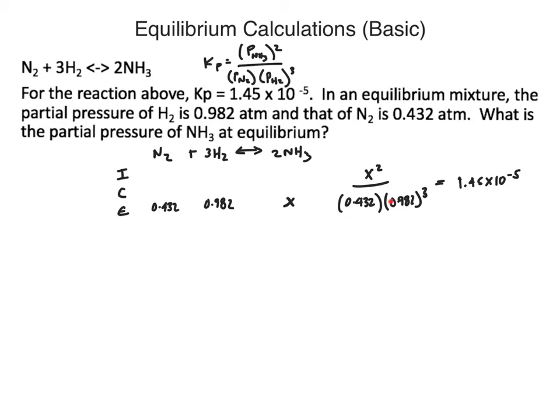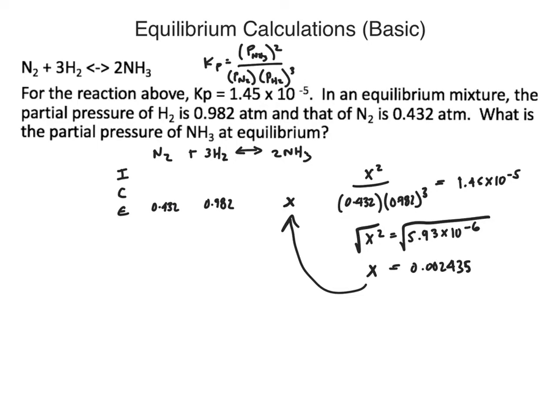Cross multiply up, and now that we have x squared, we take the square root of both sides, and our x value is going to equal 0.002435, and that's going to correspond to the concentration of our NH3 at equilibrium. So these are the steps you would take to solve a basic problem like this.